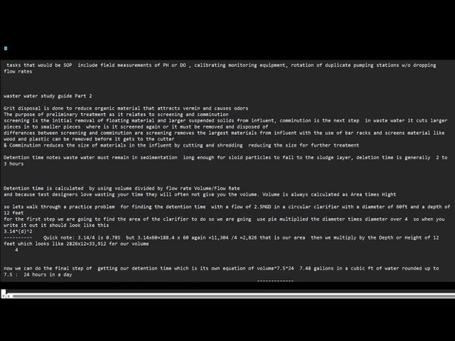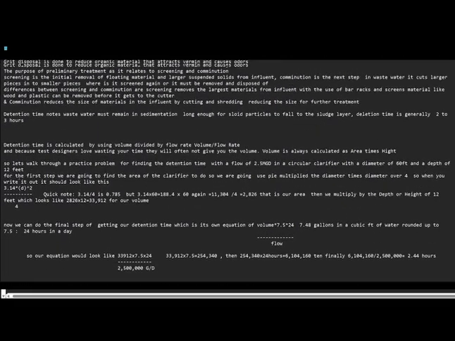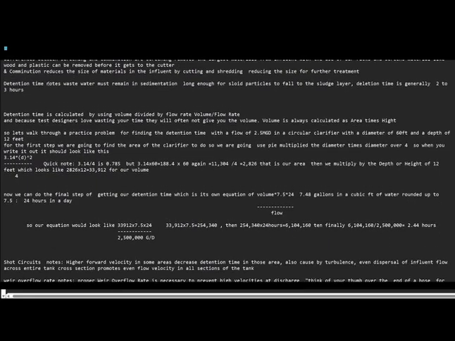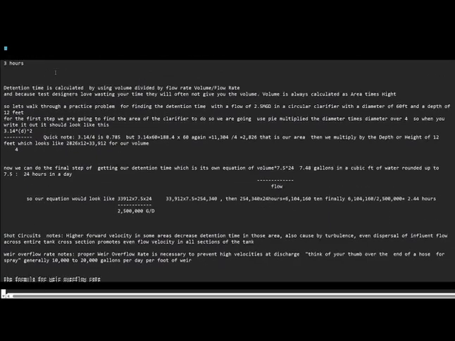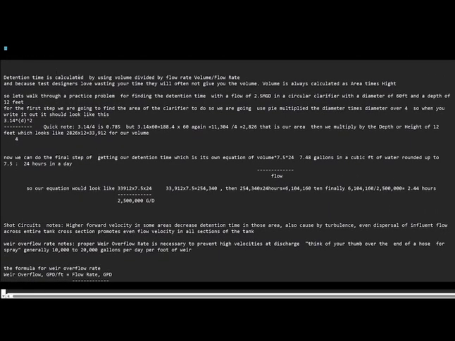All right, so this is that practice problem we were talking about. This is the grid coverage I wrote up yesterday. This is the math that covers detention time. Detention time is calculated by using volume divided by the flow rate.